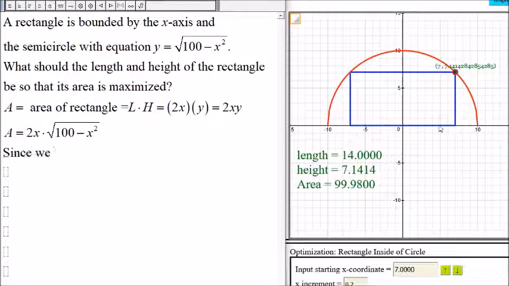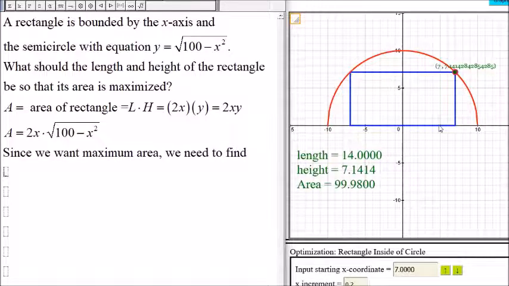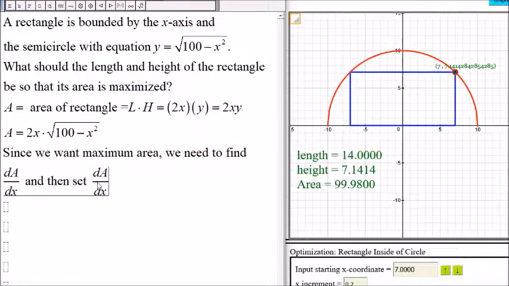Since we want the maximum area, we need to find the derivative of A with respect to x, set the derivative equal to 0, and solve for x.